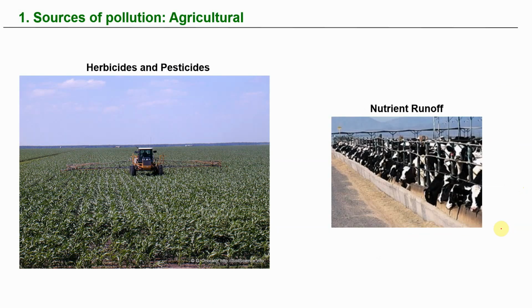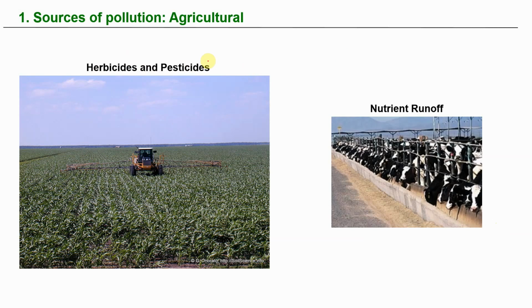In addition, some of the other sources of pollution that have a serious impact are from agriculture. So especially around here in Cache County, we have an awful lot of pollution running into our rivers and waterways. These are things like herbicides and pesticides. So herbicides and pesticides are chemicals that are added to the landscape with the intention of directly killing weeds or insects.